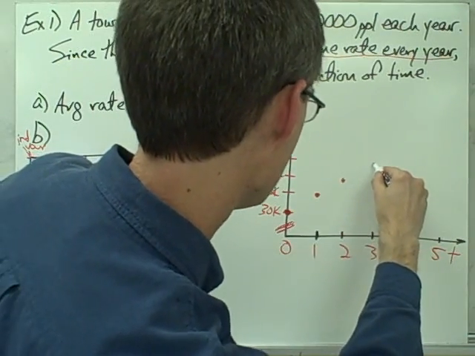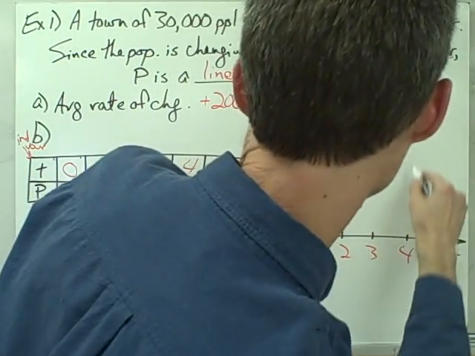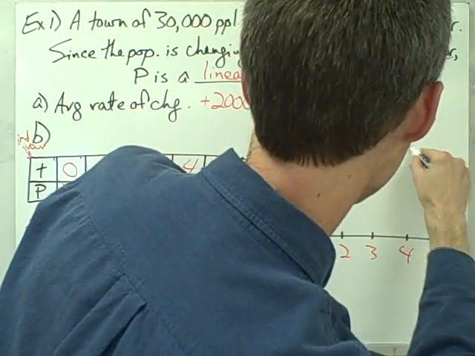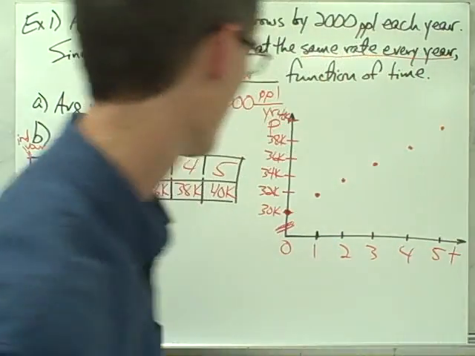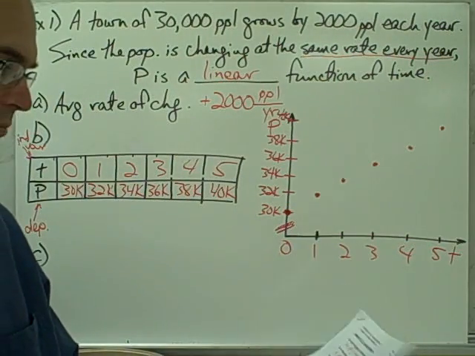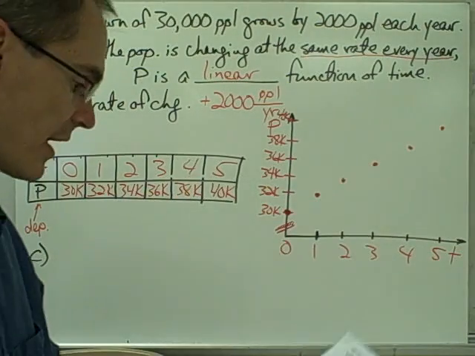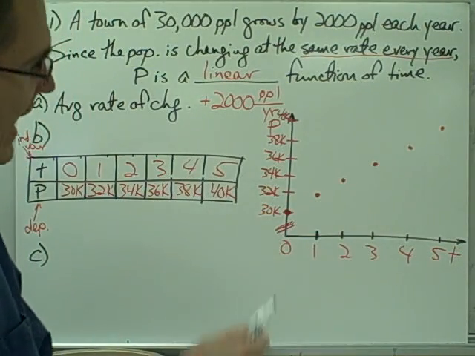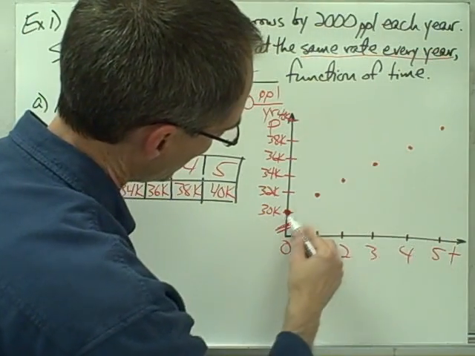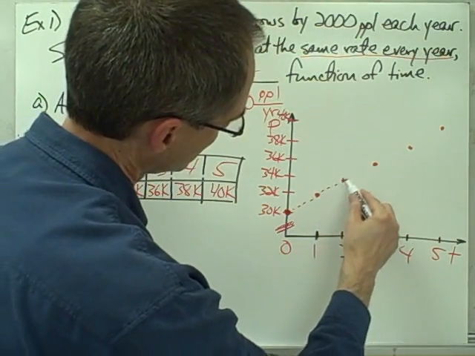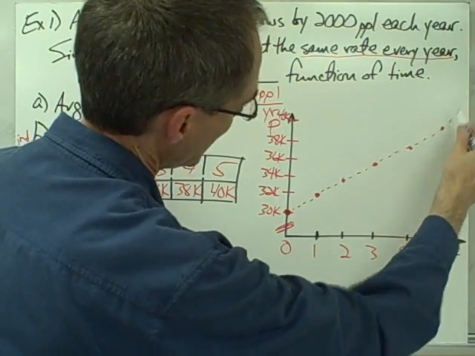Year 3, 36. Year 4, 38. And year 5, 40. So there's a graph of my population over this 5-year period. And you can see that these points do appear to lie on a line.